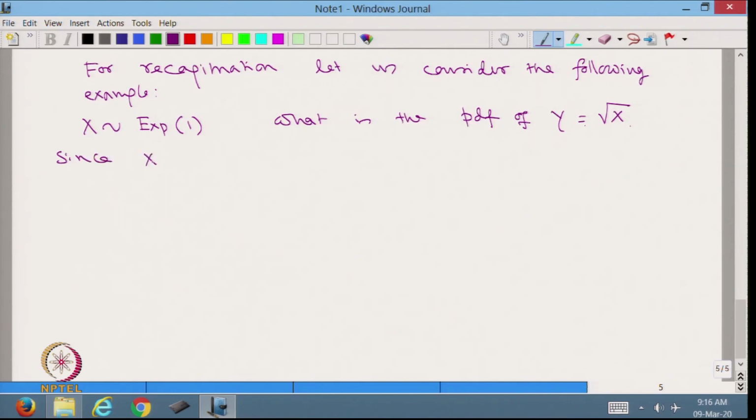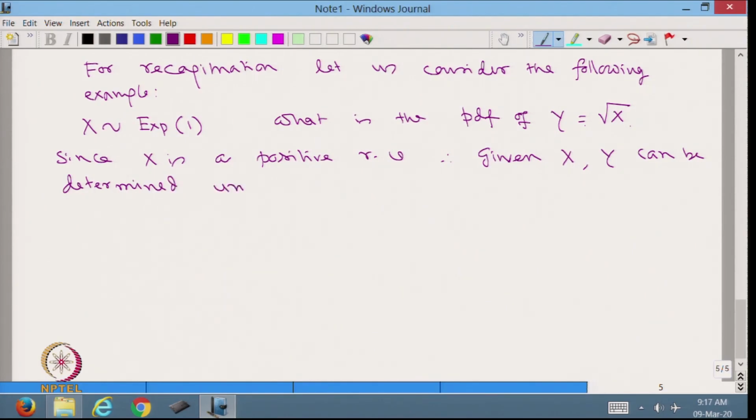Since x is a positive random variable, given x, y can be determined uniquely. Hence, the above theorem applies straight away.